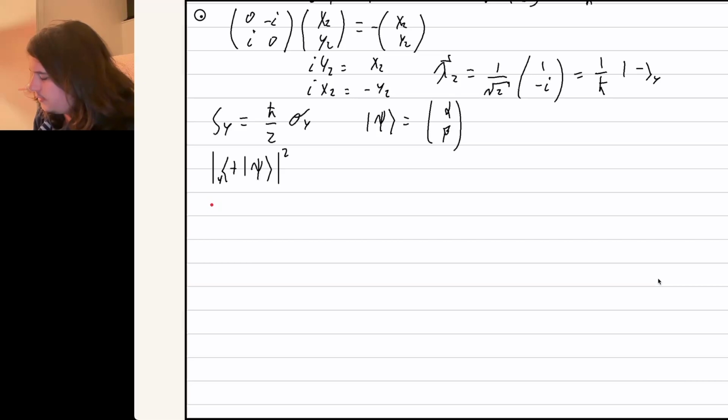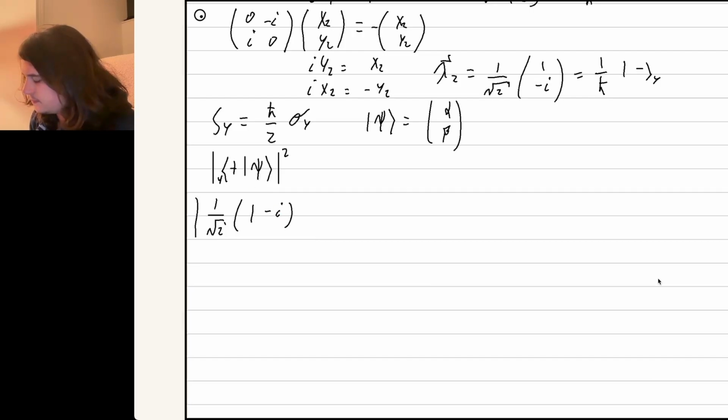Because we had 1 over root 2, putting it into the bra form will make it be the complex conjugate. So it's going to be 1 minus i there.